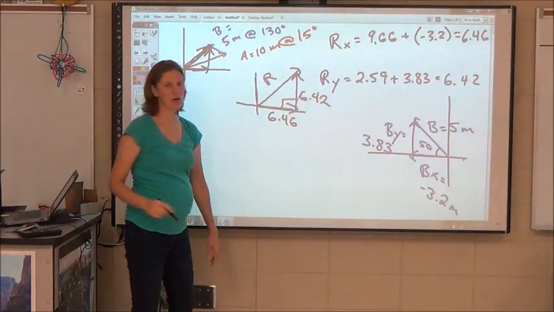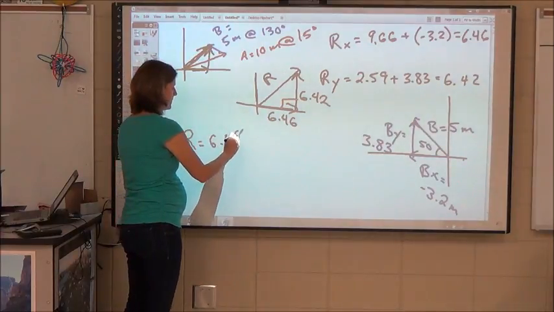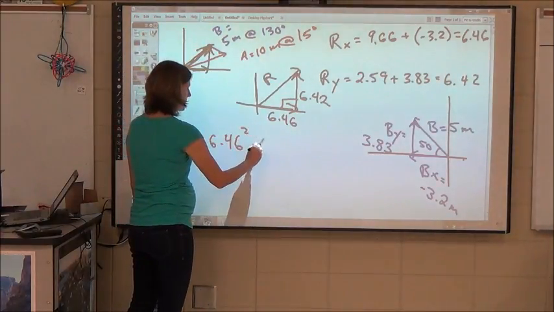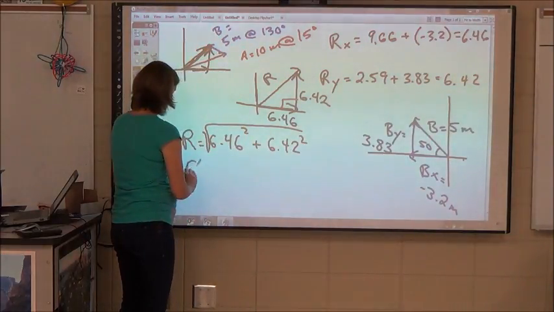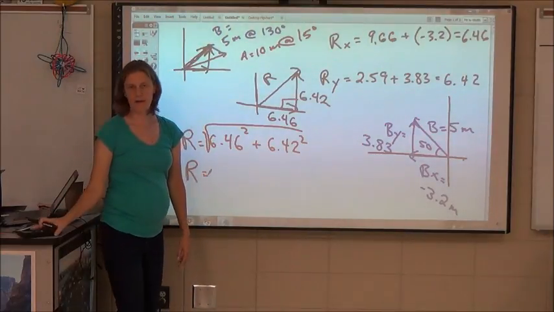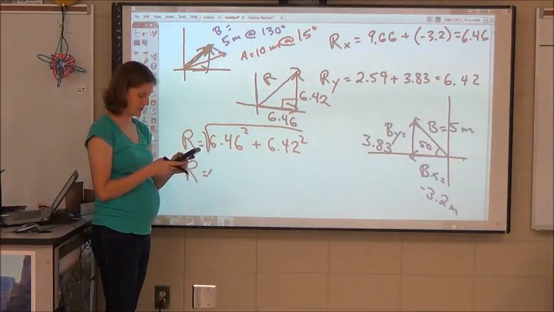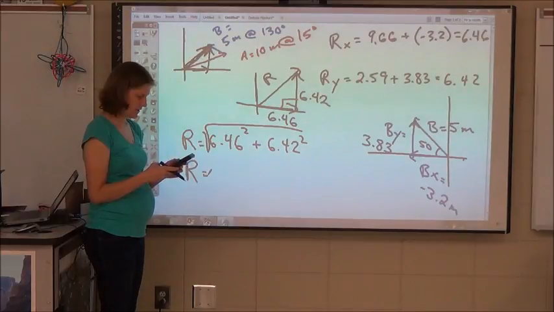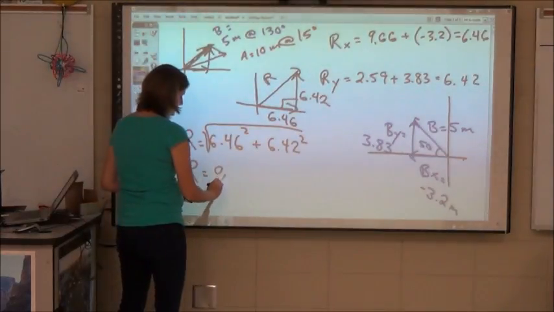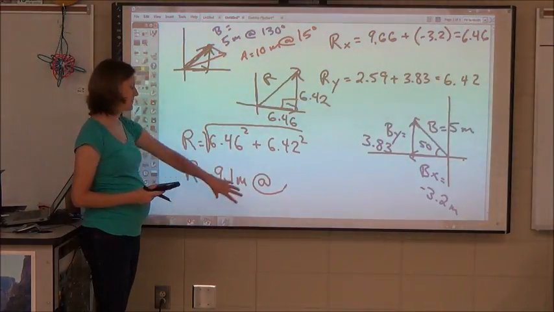So I now can find R by doing Pythagorean theorem. And for me, since I remember what I got with my protractor ruler, I'm kind of hoping for an answer close to 9. Let's see, 6.46 squared plus 6.42 squared. Yes, 9.1. So 9.1 meters is the exact right magnitude.